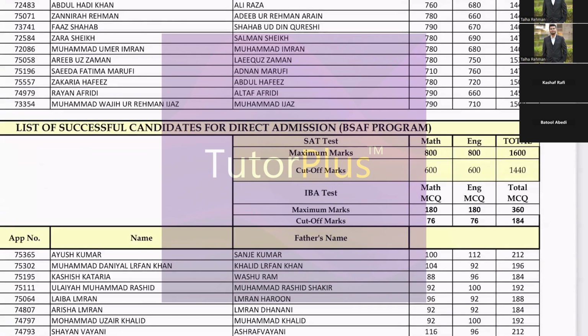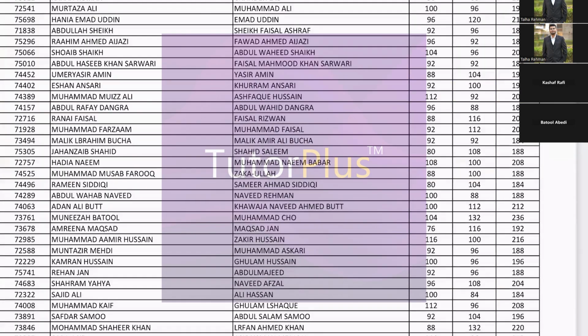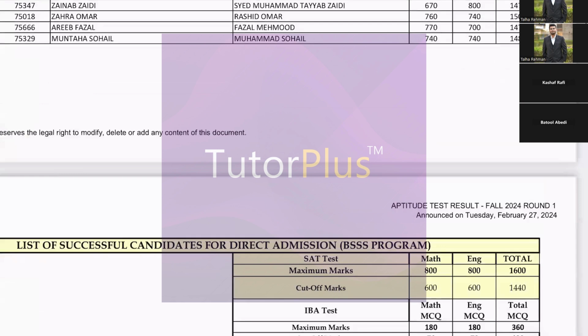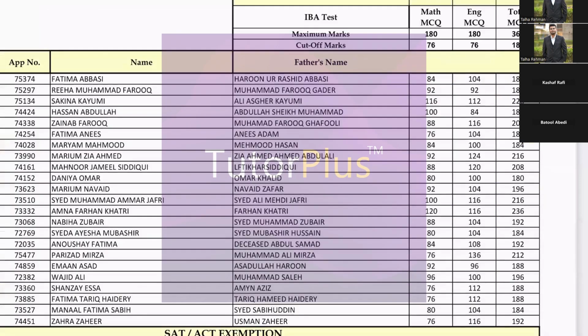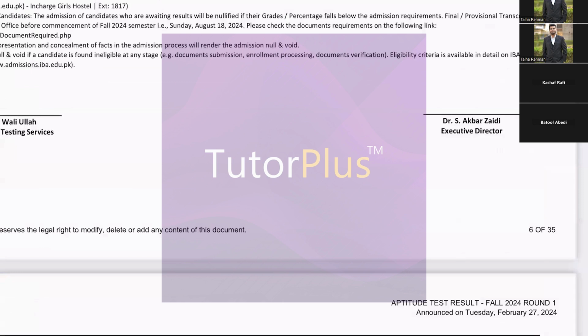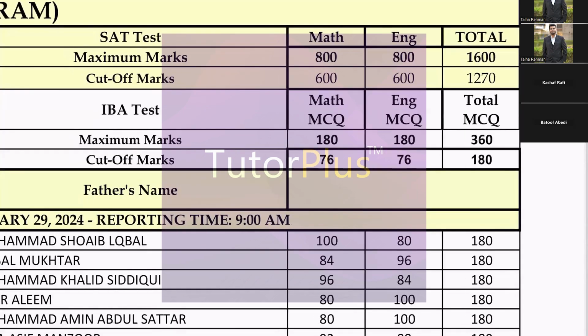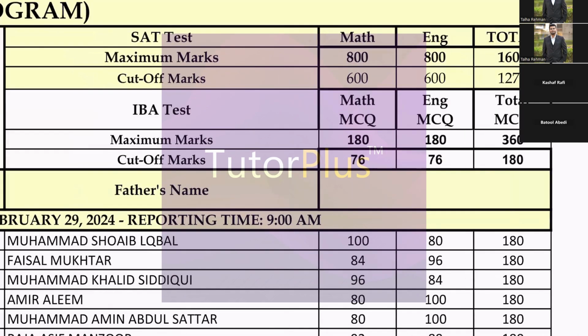So I'll quickly skip to the part where they have given a list of the interview candidates. Now, please notice these people that you see had to sit for the interview, and the interview requirement was 180. So I need you guys to particularly pay attention to this and understand what's going on there.